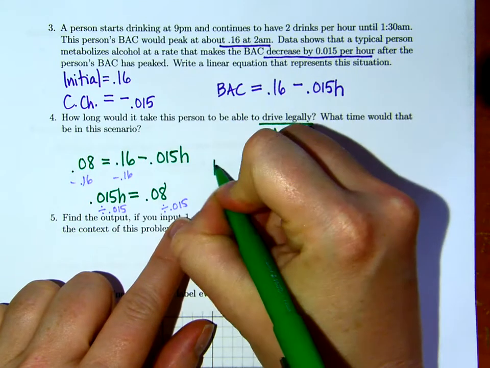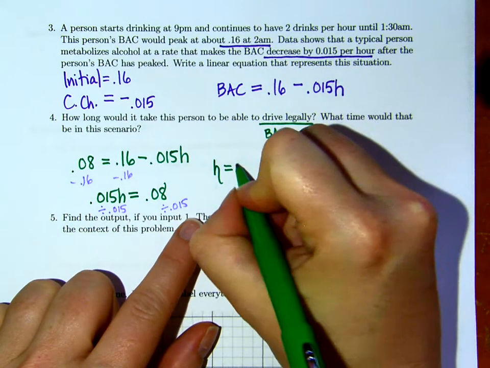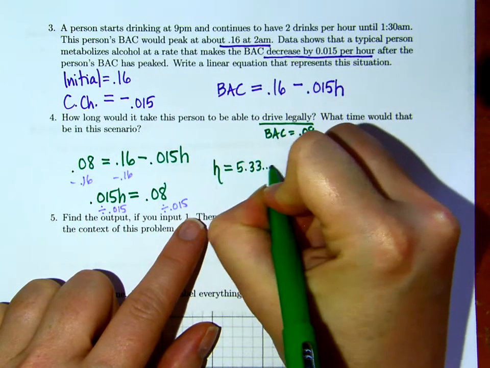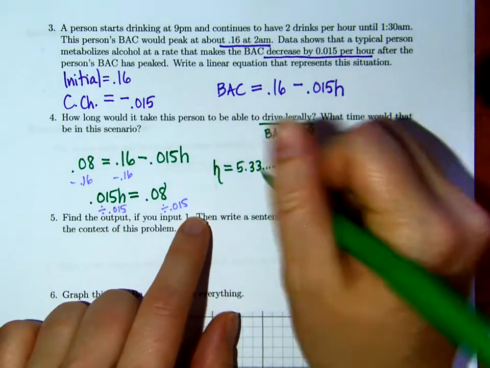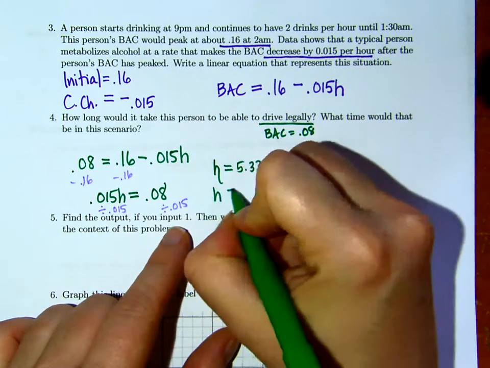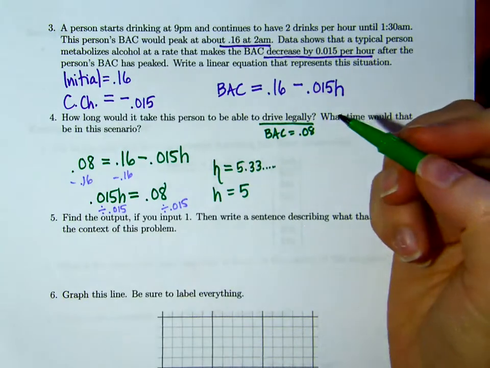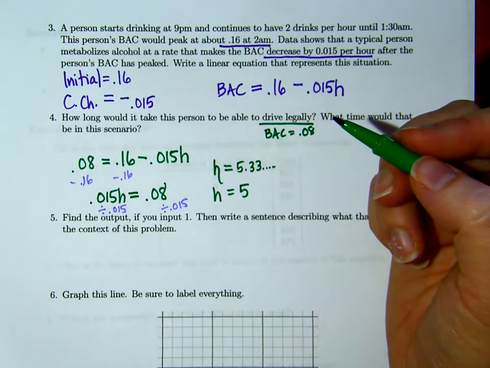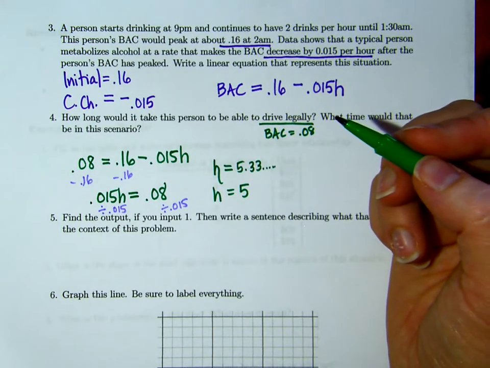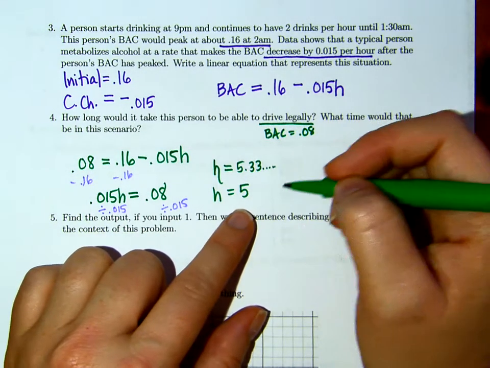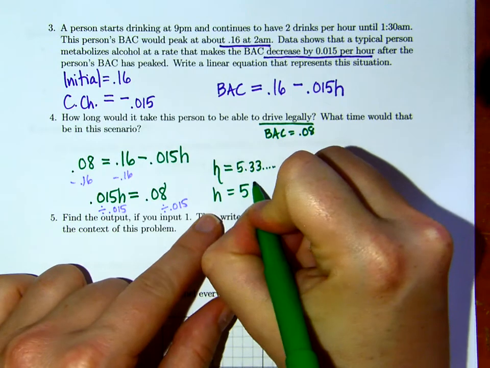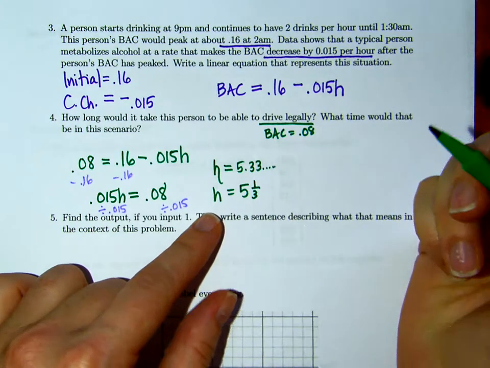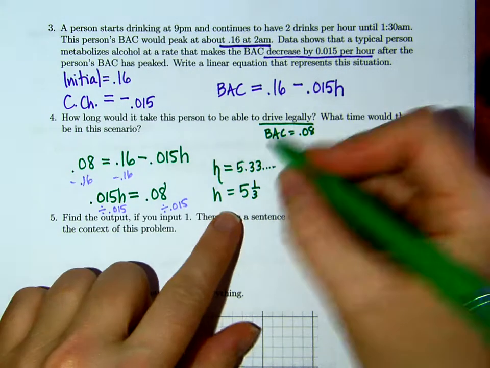Let's see. So h is equal to 5.33333333333. I'm going to turn that into a fraction. So math frac this. Math frac. And when I say math frac, I really do mean on your graphing calculator. And that is 5 1/3 hours.